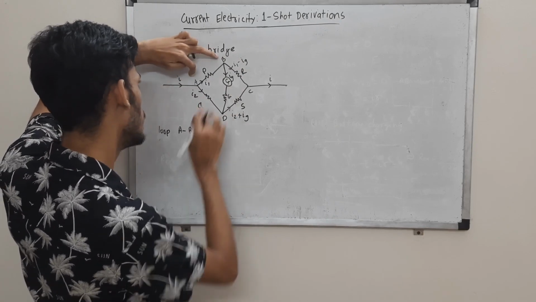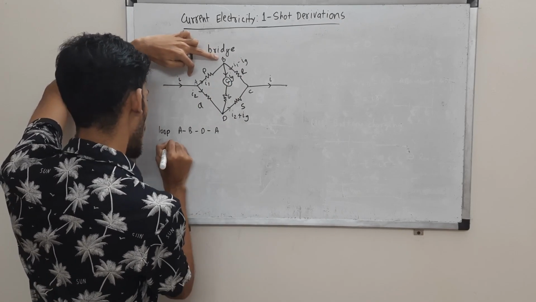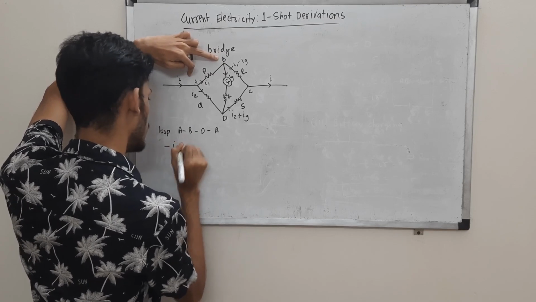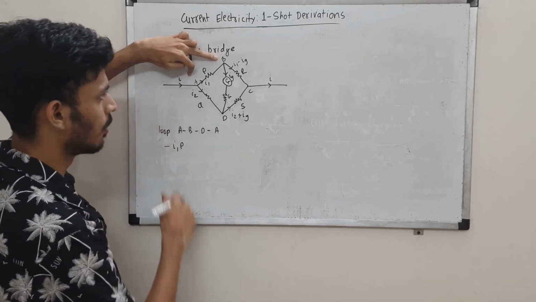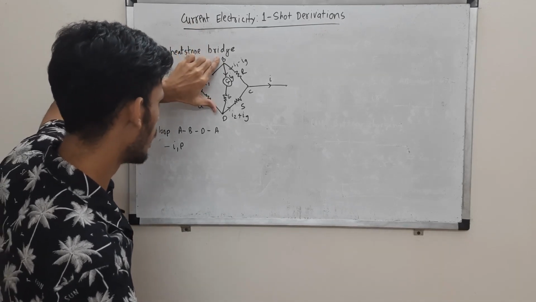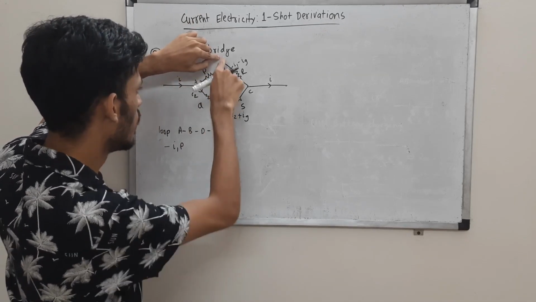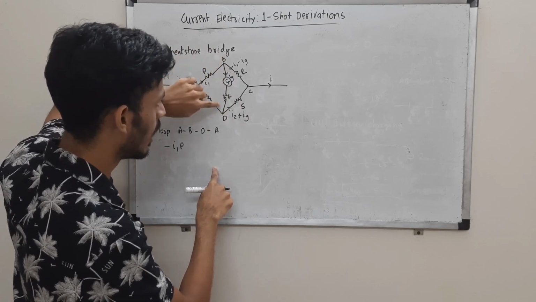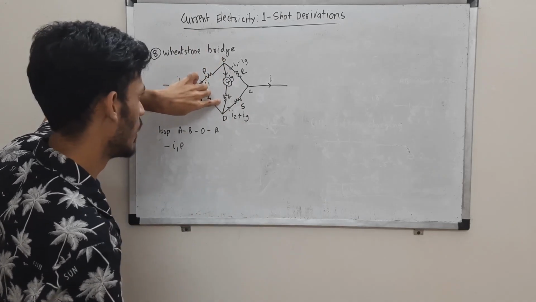Going from A to B, we encounter this resistor, and we are moving in the direction of the current, so it is minus I1P. In the direction of the current, negative voltage drop, right? Now coming to this branch, B to D. B to D we have a galvanometer, and G is the resistance of the galvanometer.